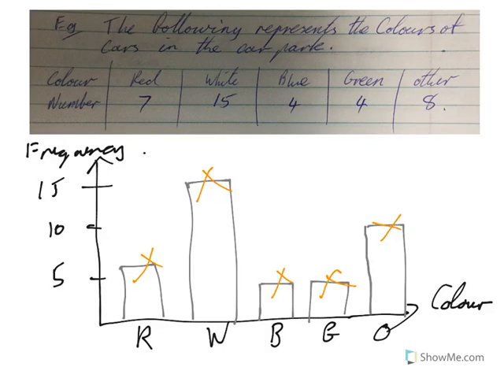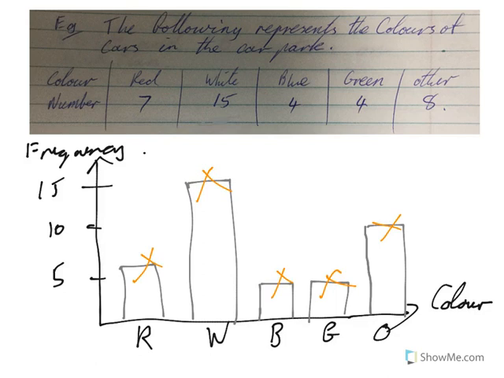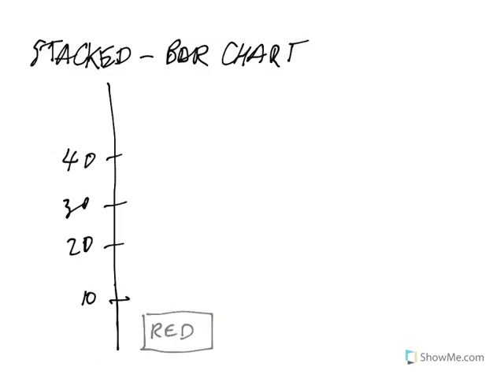First one, red, there's 7, so I draw a bar that goes up to 7. Then the next one after that's 15, so 7 plus 15 is 22, so the next bar stacked on top comes up to 22.